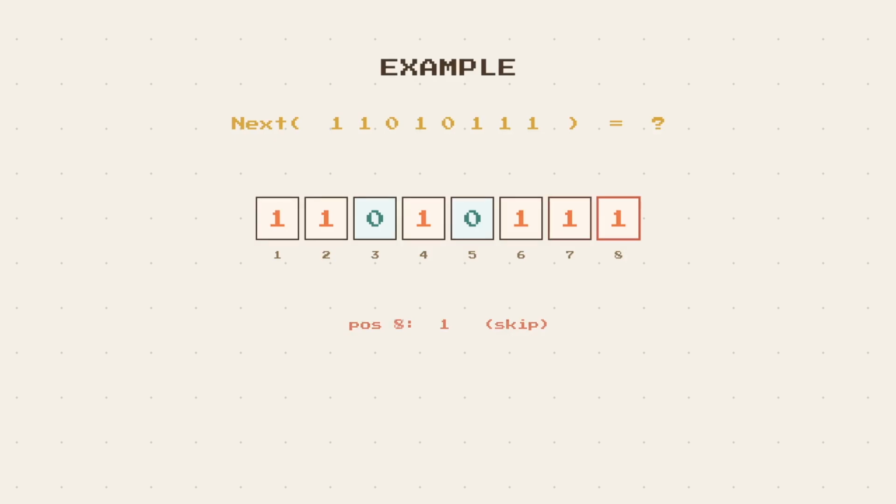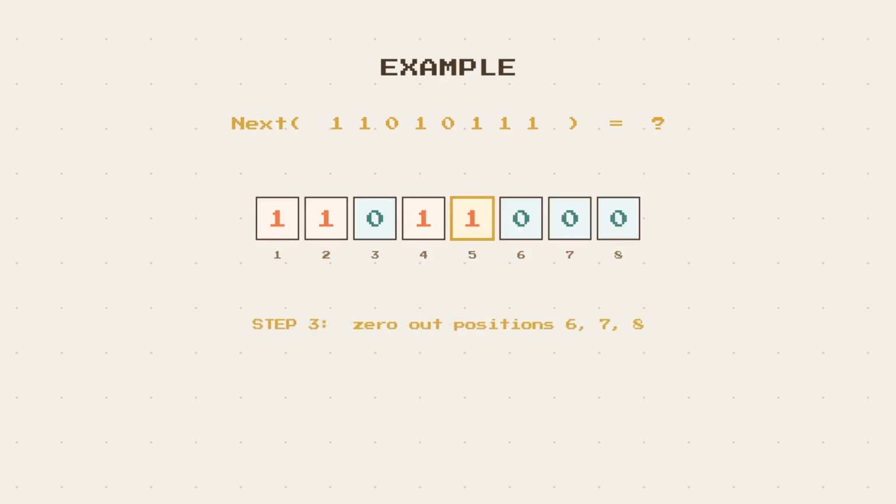We're going to skip position 7 as well. And we're going to skip position 6 as well. Okay, so finally, we're going to reach position 5, and that's where we find the first 0, going from right to left. Okay, now that's going to be our target. Now, what we're going to do is flip this 0 to a 1.